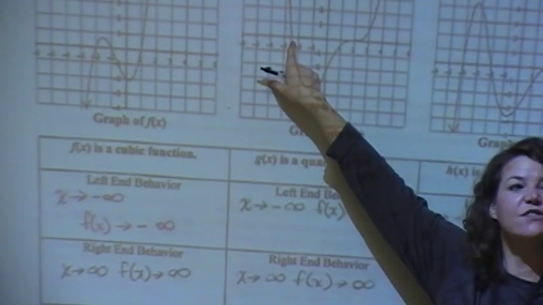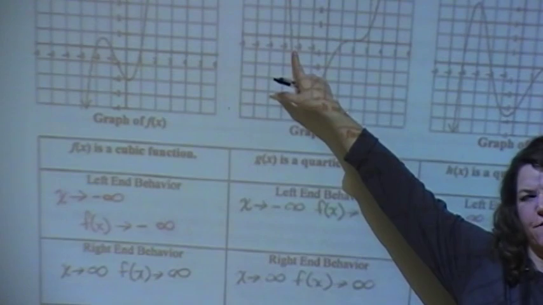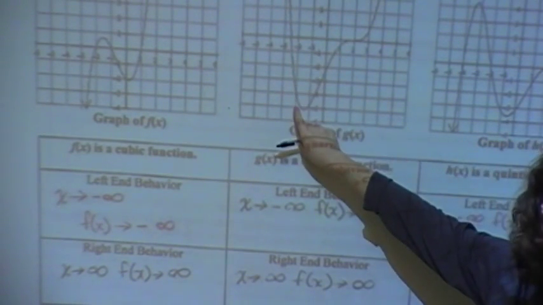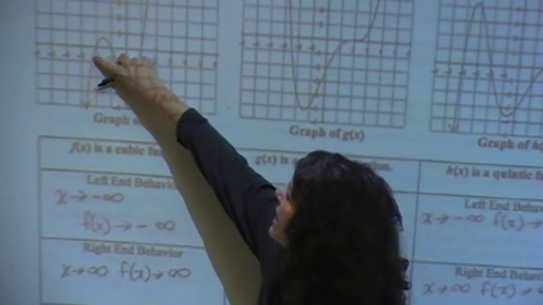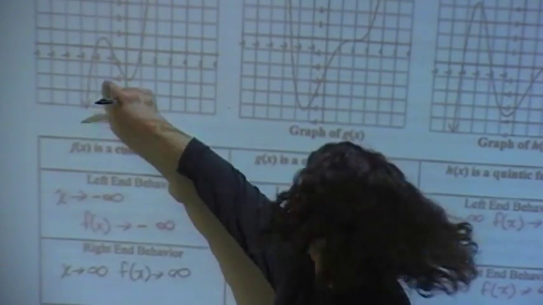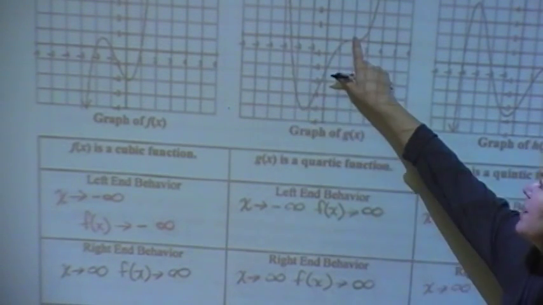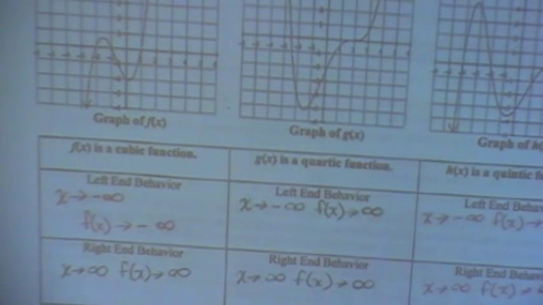Because anything to the first degree, a single root like that, passes directly through. Just like these did. It passed through, and it eventually turned, but it passed straight through on all of those. This one passes straight through. This one is to the third because it does pass through, but it has a little bend right where it passes through.